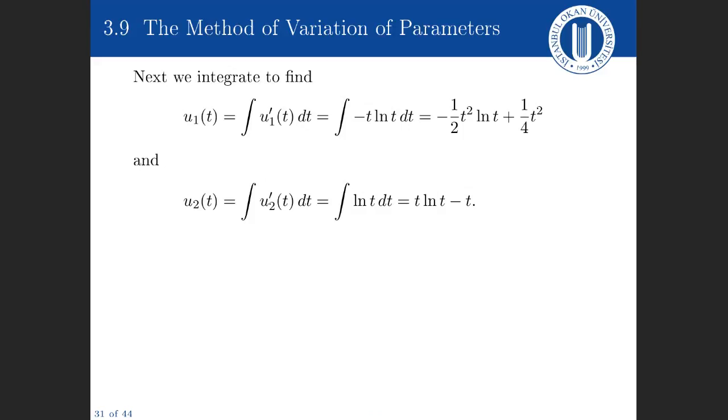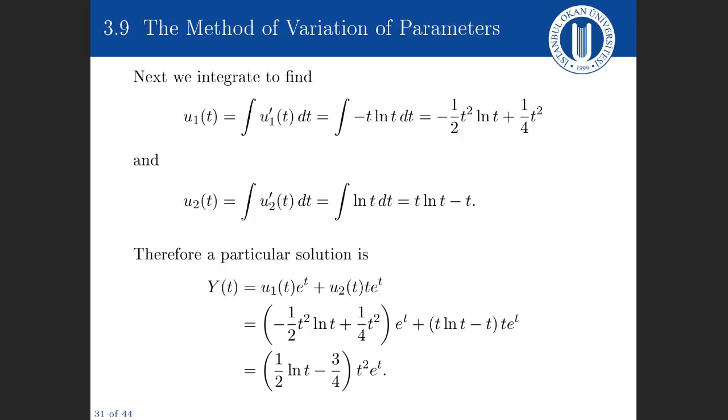We need to remember how to integrate t natural logarithm of t, and natural logarithm of t. After we know u1 and u2, we're finished. We can then write down the particular solution. For this example, the answer is a half ln t minus 3/4 t squared e to the power t.